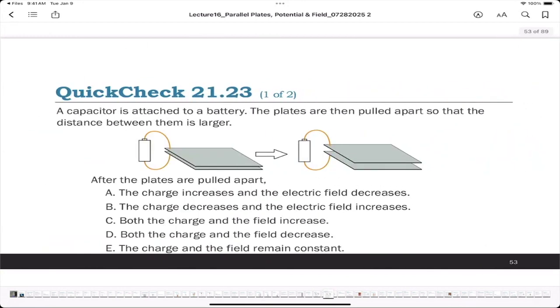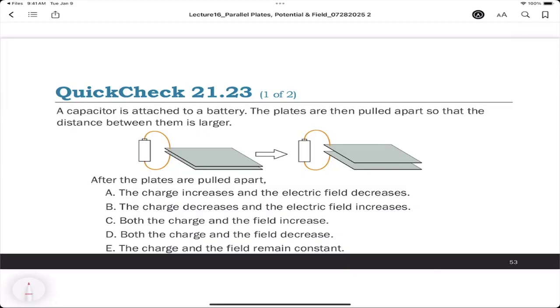Okay, let's continue to check the other one. The capacitor is attached to a battery. The plates are then pulled apart so that the distance between them is larger. You can see the difference between this one and the last one is that there was only an isolated capacitor, but here there is a battery.